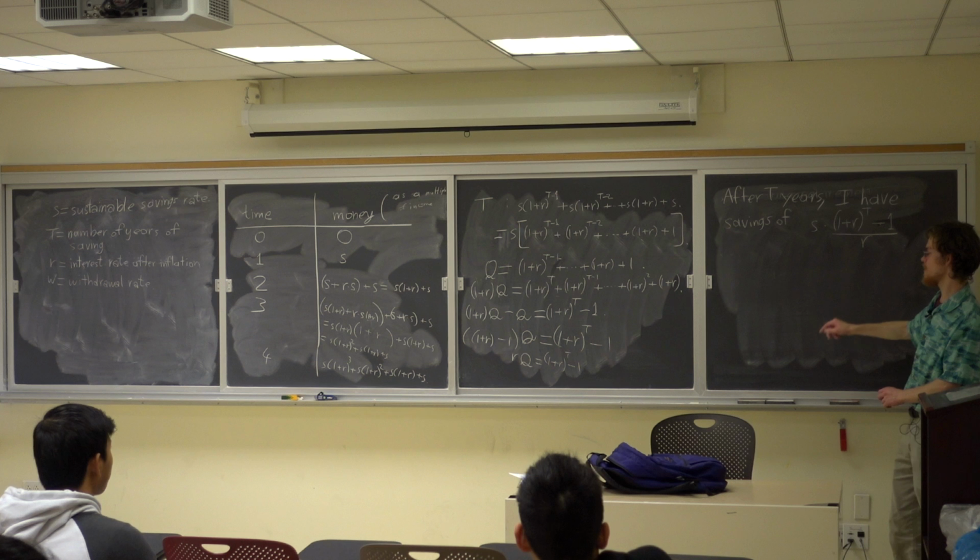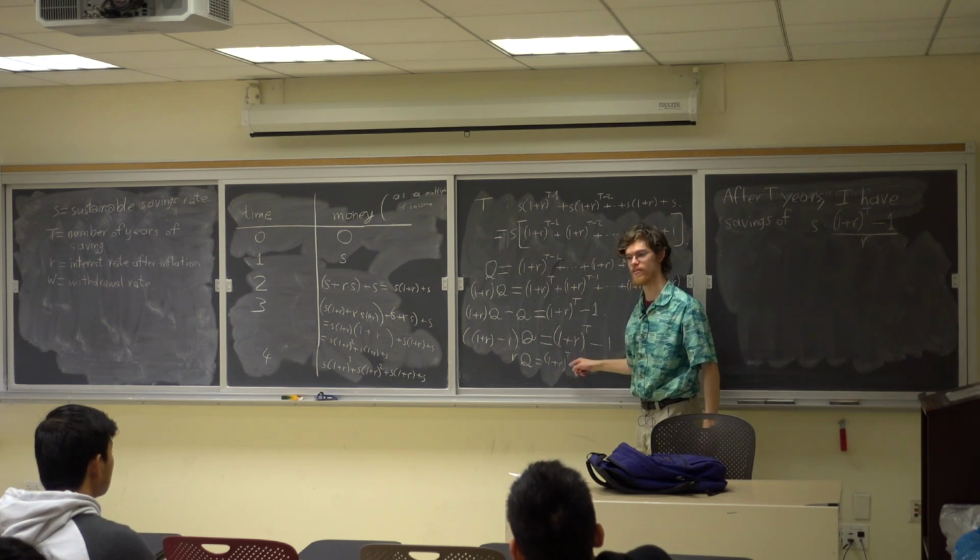So it's s times q, and we can find q by dividing this right side by r.